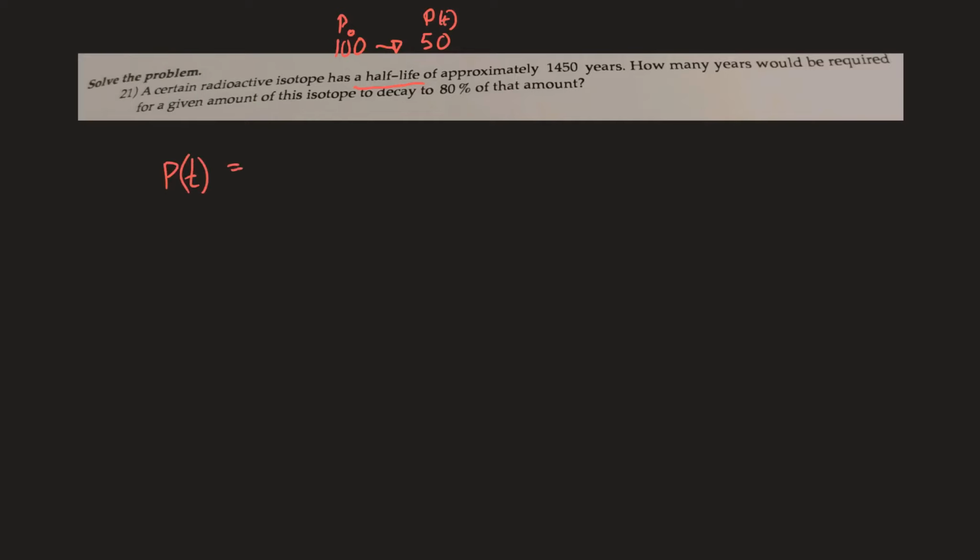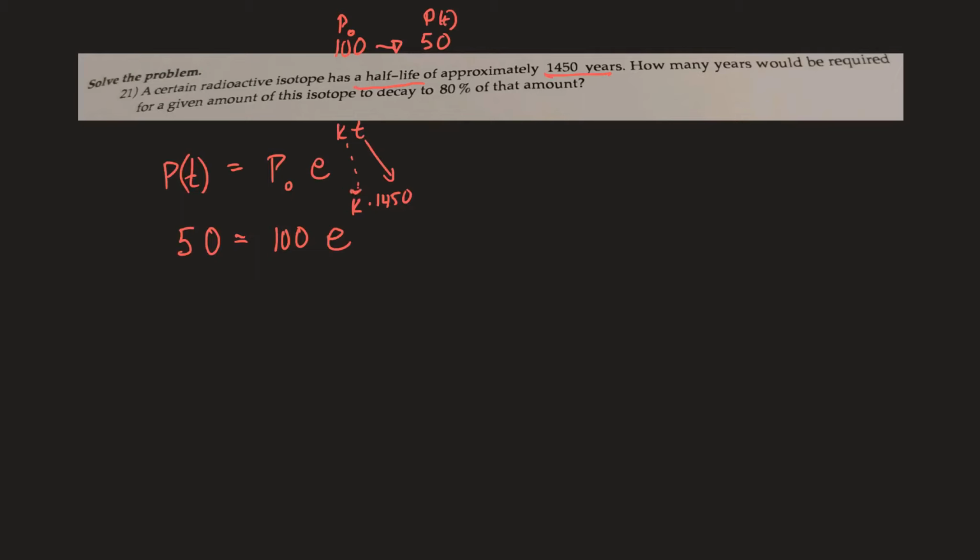Now, let's write down our whole formula. P of T is equal to P0 e to the KT. If they say my half-life is 1450, they're giving me a first number, so I could put it as 100. You can use any number there as long as what it winds up with is half of that amount. So this radioactive isotope might start at 100, it'll end at 50, and it does that in 1450 years. That's my time, and there's my K, which is what I'm going to solve for.